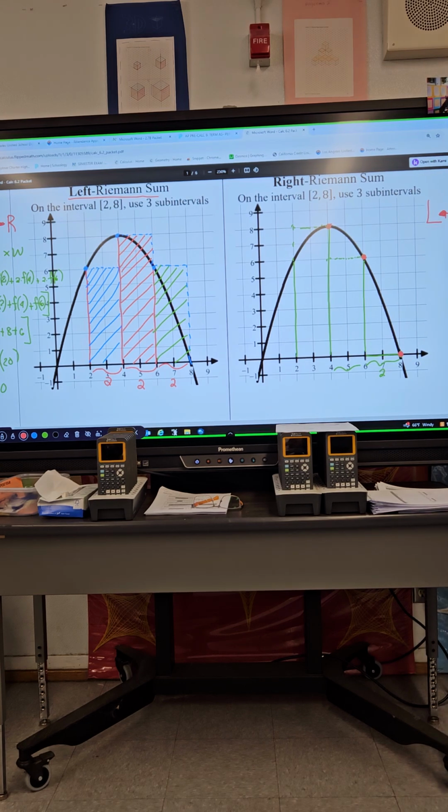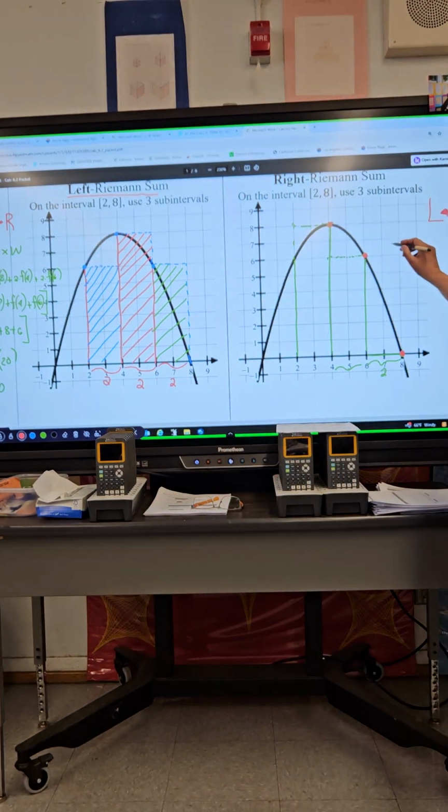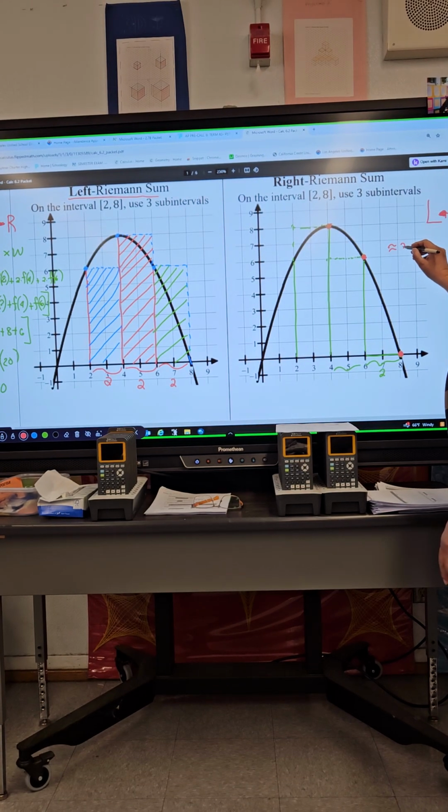Okay. Now, remember, it has its width and then height. What is to consider right here? Shall we go directly right here? So approximately 2 times f of 8. Am I right, guys?